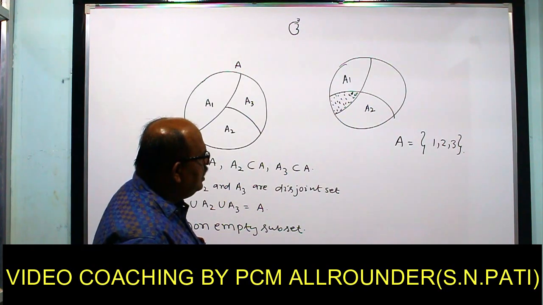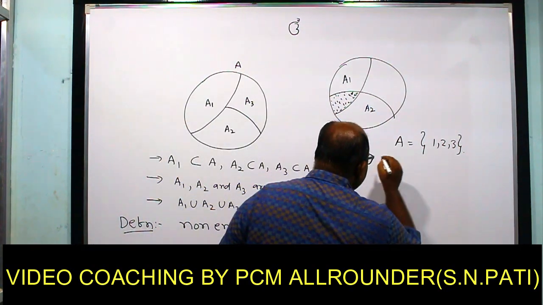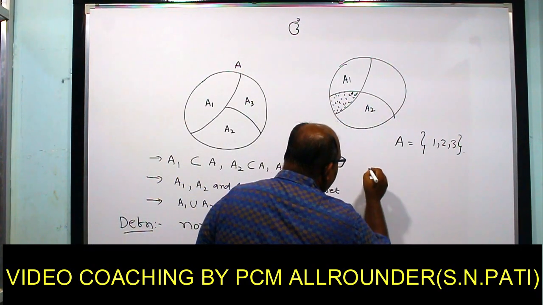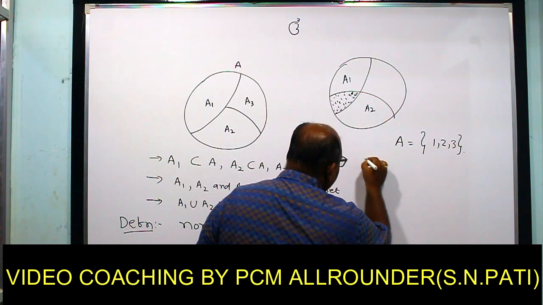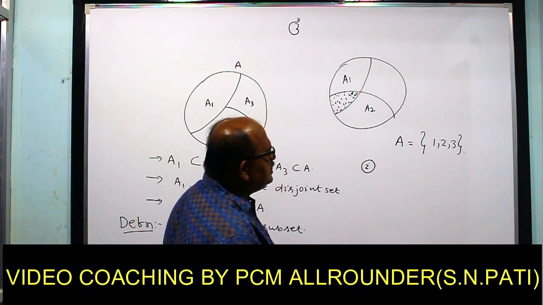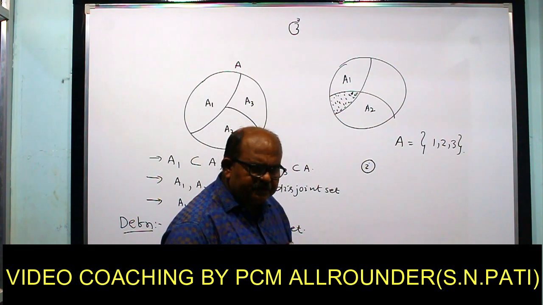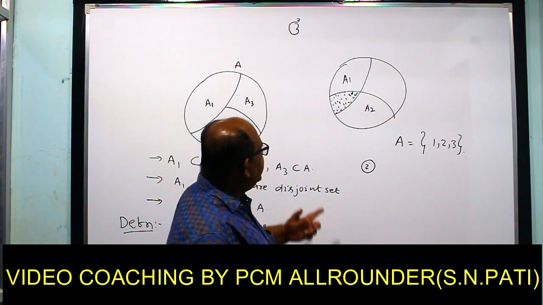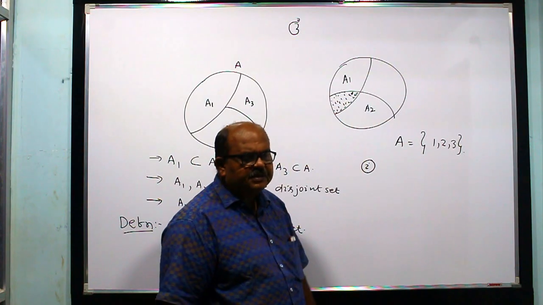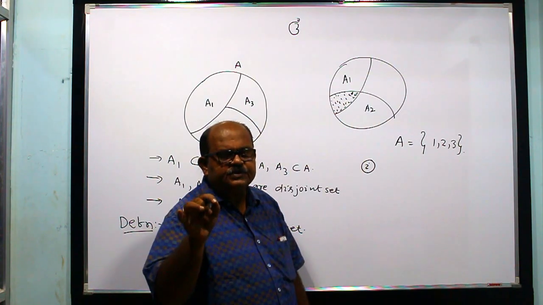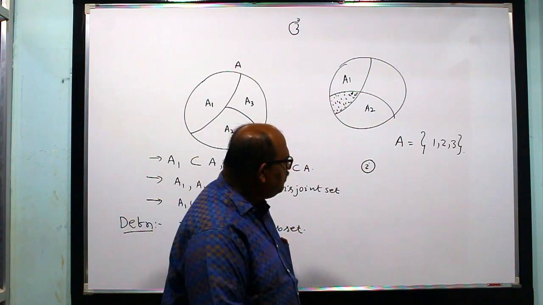So we have to write the subsets of set A. Let this be partition 1. In the subsets of set A, can we write the empty set? No, because in the definition of partition it is given non-empty subsets of A. So we cannot take the empty set.